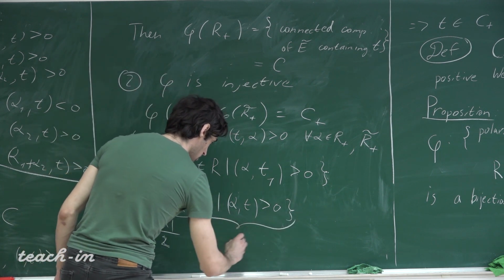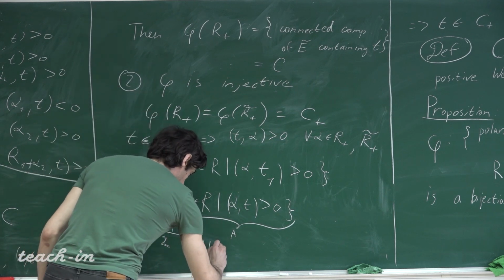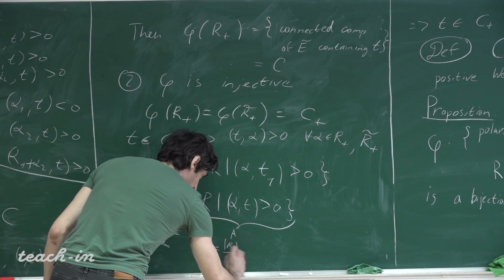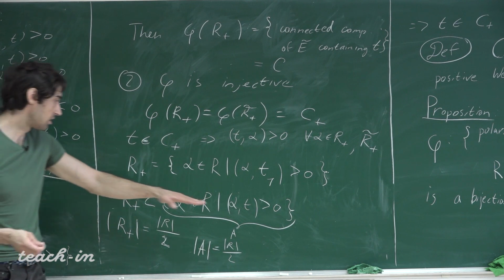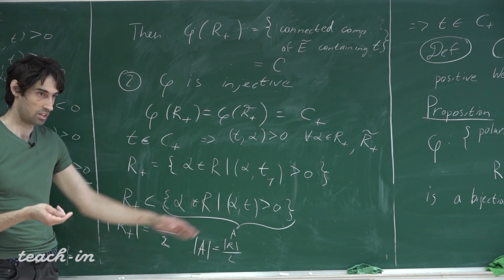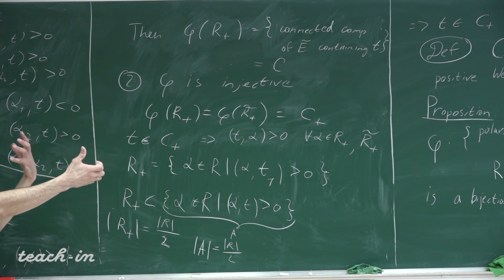So call this set, I don't know, A. The size of A is also, of course, R over 2, because you have alpha and negative alpha inside, and so this exactly gives me the half of roots there. So one is inside another, sizes are the same, right?